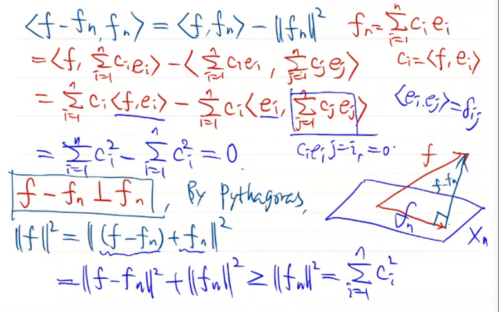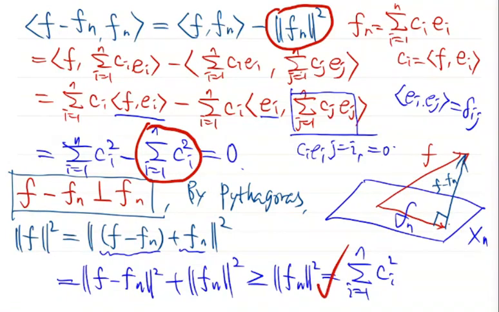In our proof of this orthogonal relation, we obtained the result that the norm of fn squared equals the sum of ci squared. We have proved this in our computation, so we have this equality.